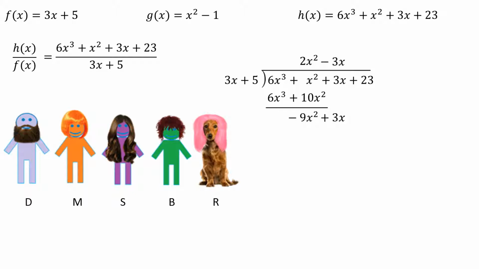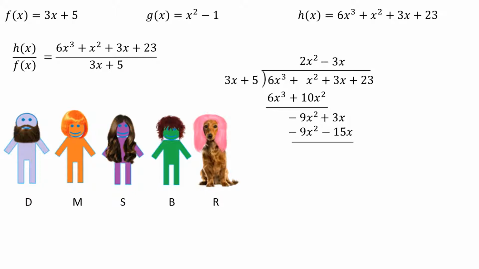But now when it's time to multiply, I've got to remember the entire binomial has to get multiplied by that negative 3x. Right, that whole expression. So 3x times negative 3x gets the negative 9x squared. And then the positive 5 times negative 3x makes negative 15x.